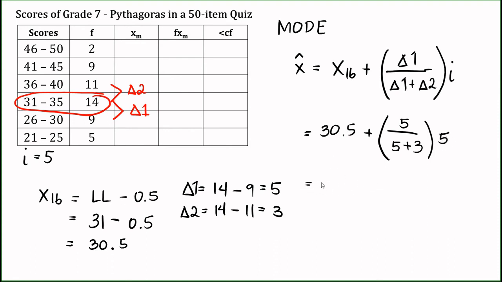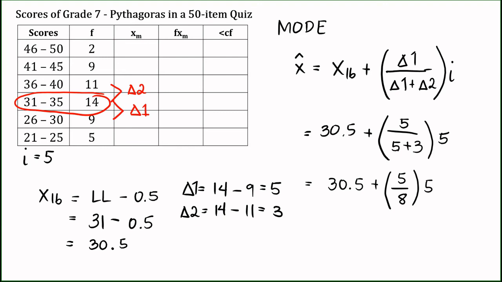Sundin ulit natin ang PEMDAS. Dito tayo magsisimula sa nasa loob ng parentheses. Kopyahin muna natin yung 30.5. Ang atin lang pong isi-simplify dito sa nasa loob ng parentheses is yung denominator. Okay? Siya ay 5 over 5 plus 3 is 8. And then, multiplied by 5.